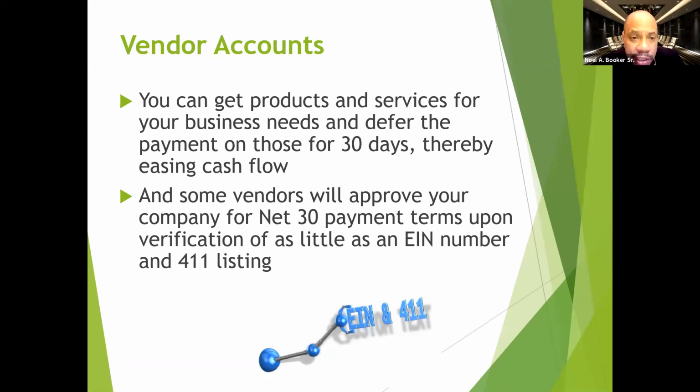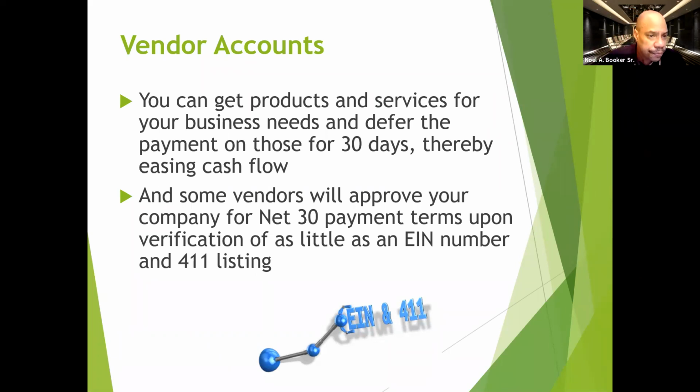The 411 listing is when you have your telephone listed. That's required. Remember I told you the local telephone number listed with the National 411 directory is required, okay? You can't get around that, all right?